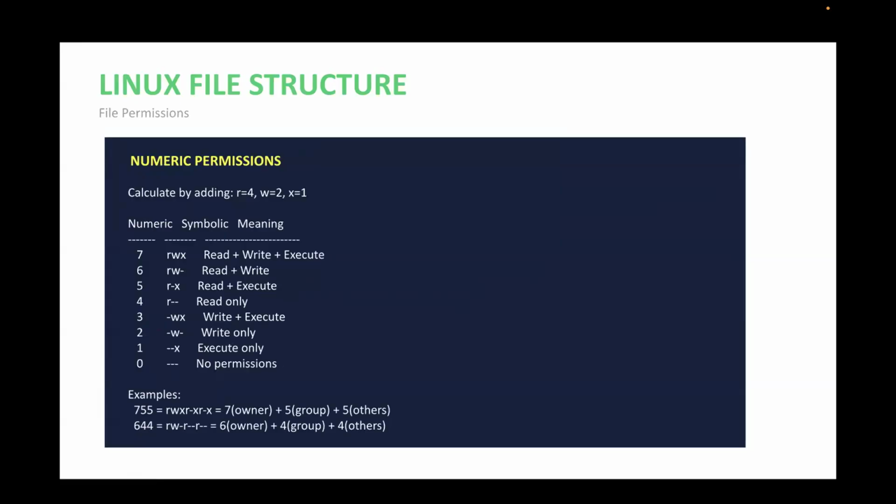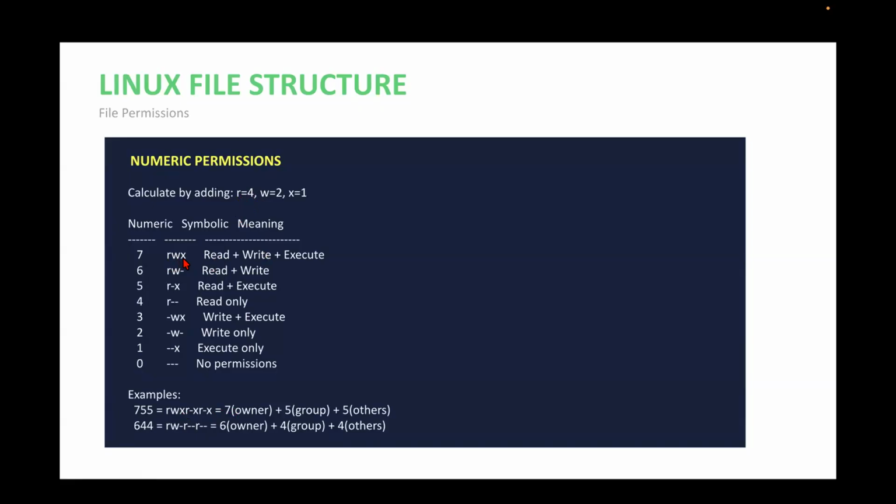Now, each user category, that is the owner, the group, and others, has three permission sets each. If you're to calculate, let's say, full access for a user owner, let's say we want to give a user read, write, and execute.